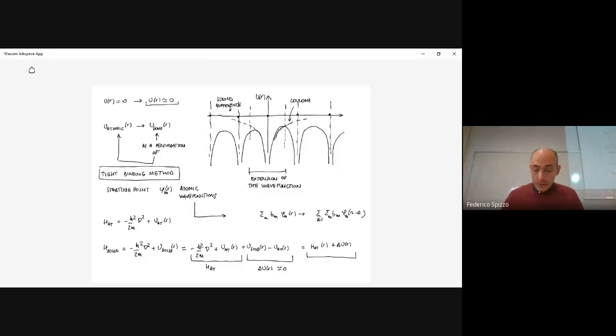Now we need to include the contribution of the phase. So now we miss the phase contribution. And in this case, the phase can be included, for instance, using this method.